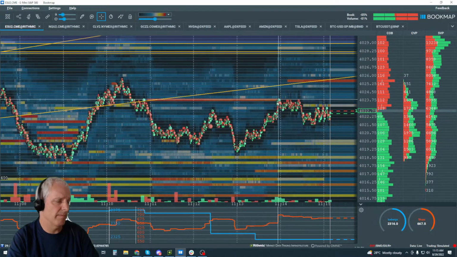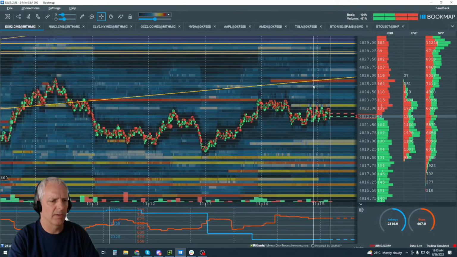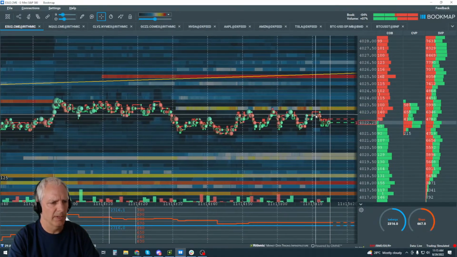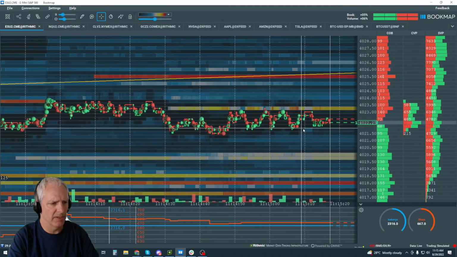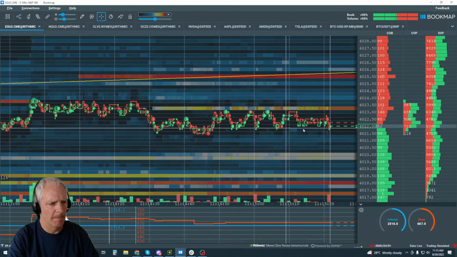Exhaustion up here. There are buyers up into high liquidity here, but then exhaustion here, and sellers come in. Okay, there's some exhaustion on the buy side. Do we get sellers here? No, there's some.